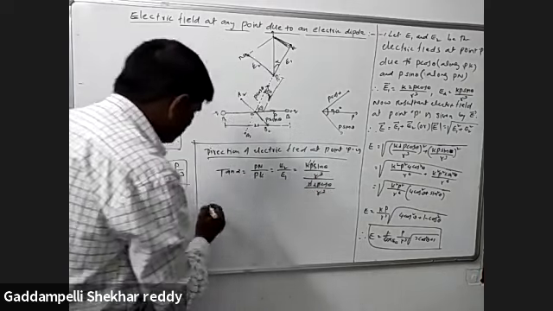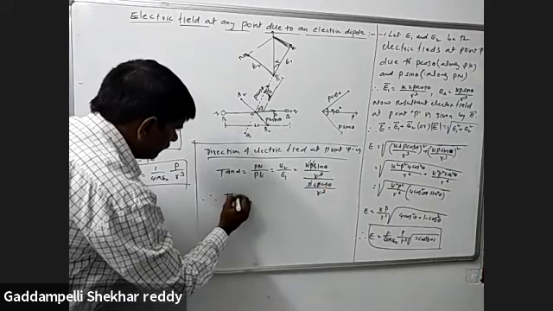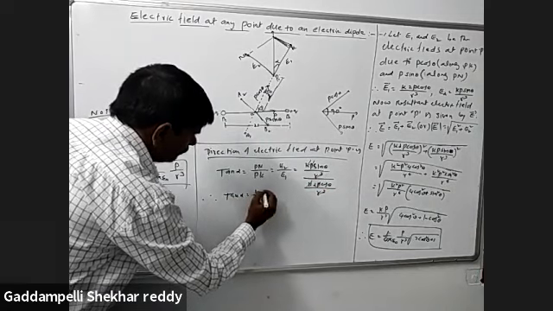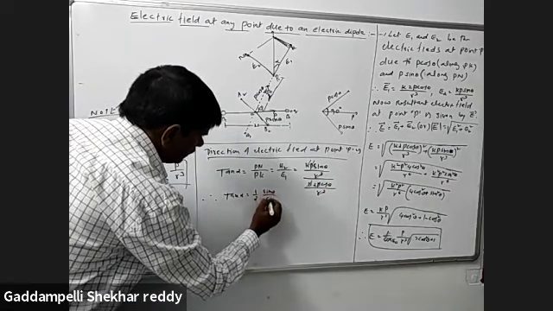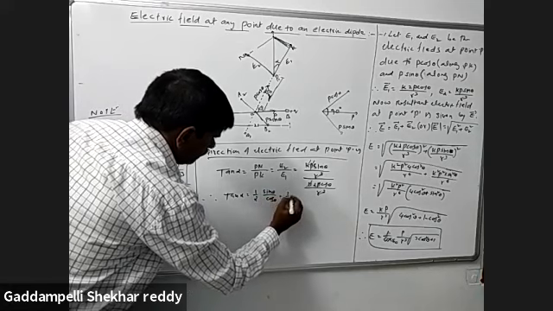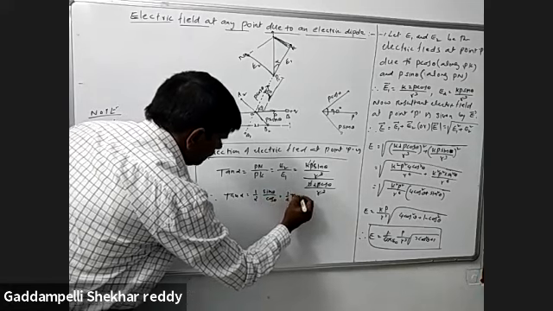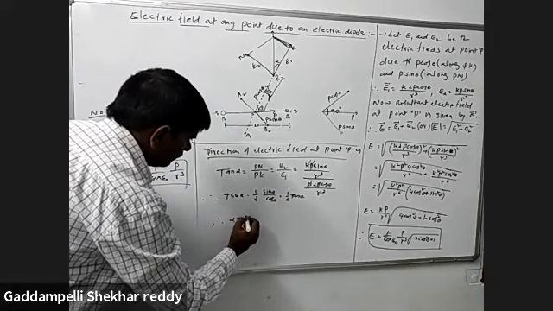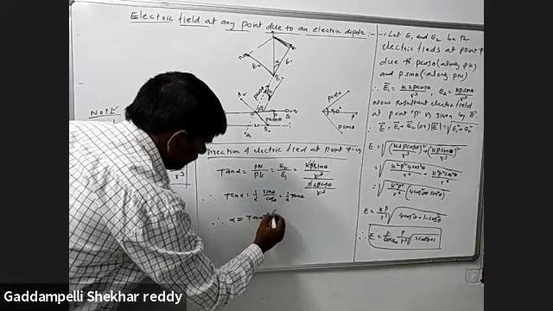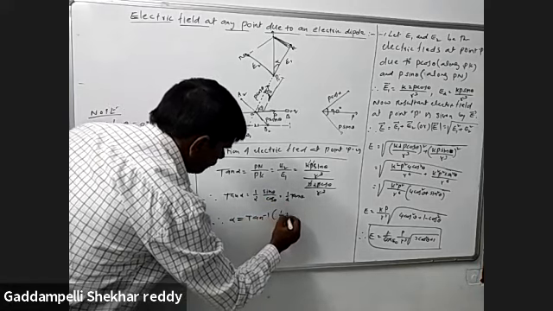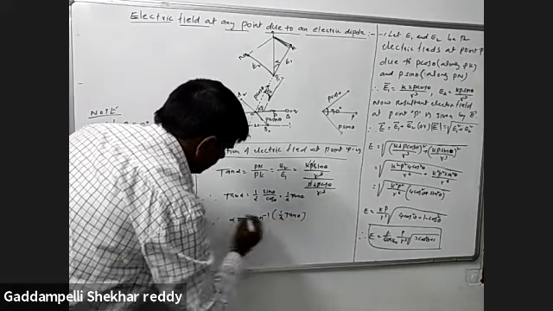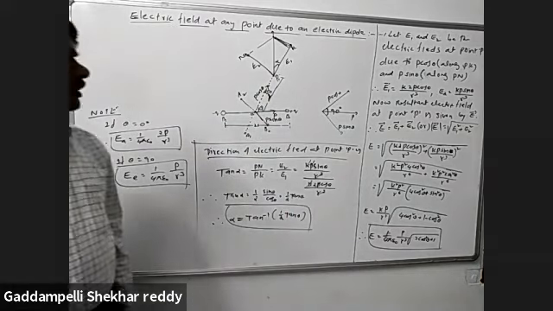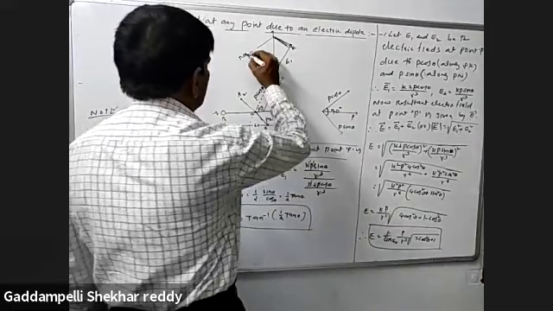Therefore tan alpha is 1 upon 2 sin theta by cos theta, which is 1 upon 2 tan theta. So alpha is tan inverse of 1 upon 2 tan theta. This is the direction of the electric field at point P. So like this.